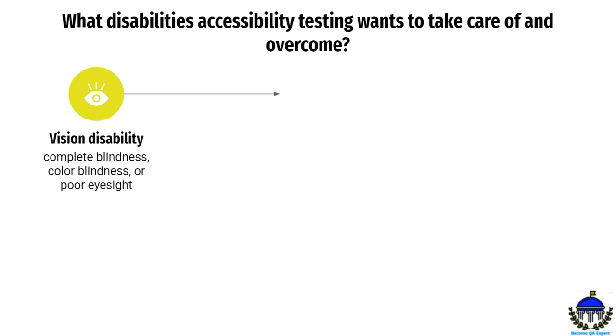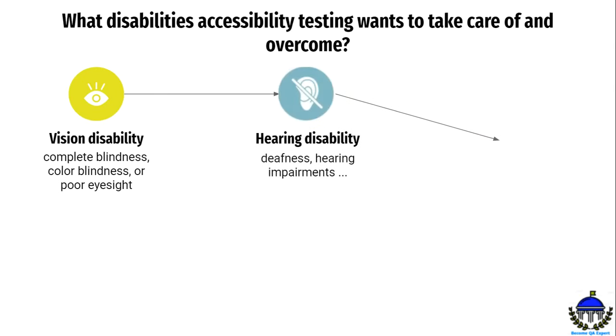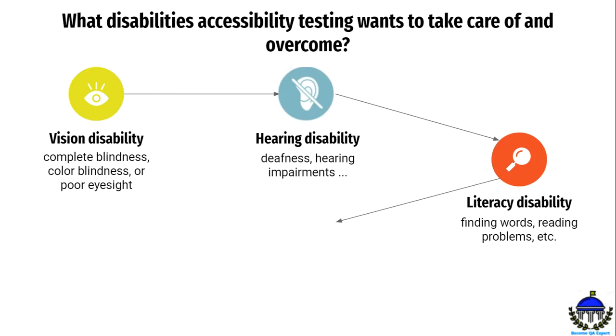Then hearing disability. The web accessibility test practice helps to overcome the challenge of auditory problems such as deafness, hearing impairments, difficulty to hear well. So again, all kinds of levels of this disability. Then literacy disability, meaning challenges to find words, reading problems, and stuff like that.